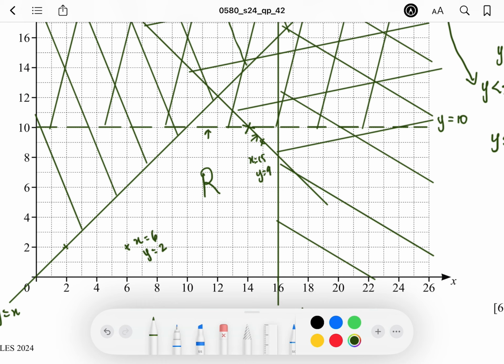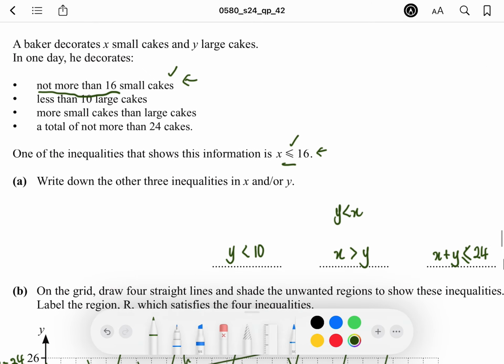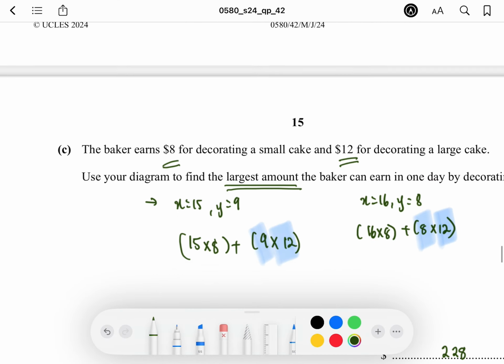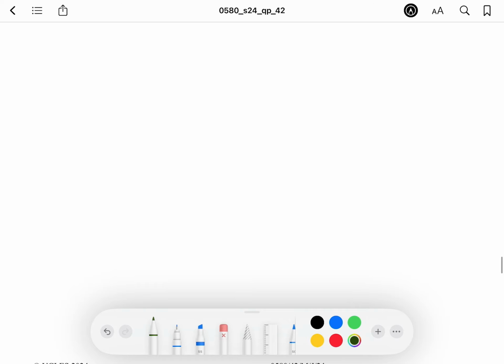Okay? So this is one of the applications of graph juga. Nanti kalau kamu jadi baker, kalau ini syarat-syarat yang ada, draw tak kamu graph tu or do the manual calculation. Okay?